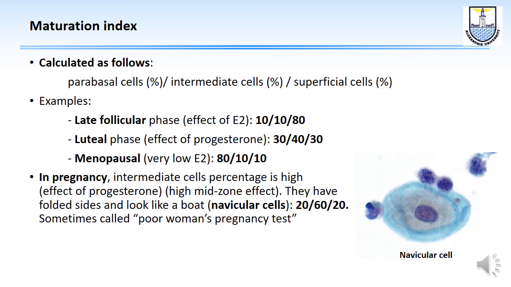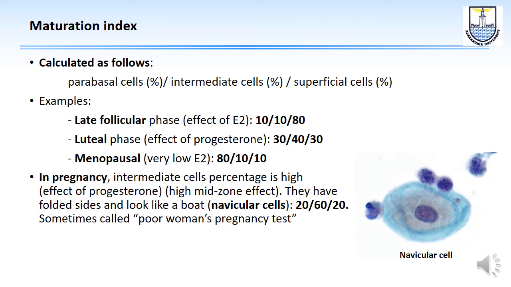And these mid-zonal cells, these intermediate cells, will have folded side walls, making them look like a boat. This is why they are called navicular cells. And this can, in theory, be used as a pregnancy test.